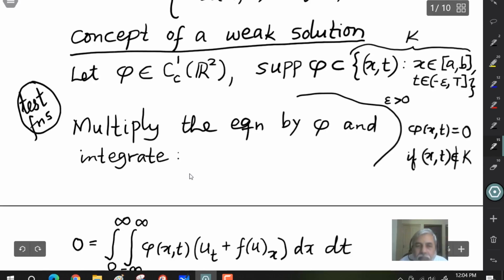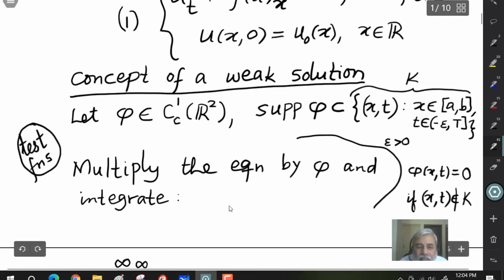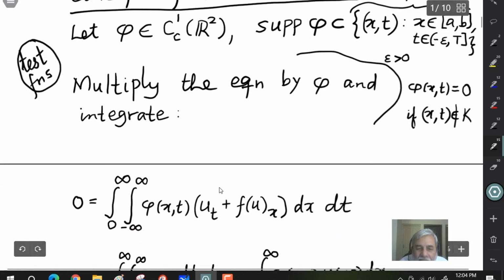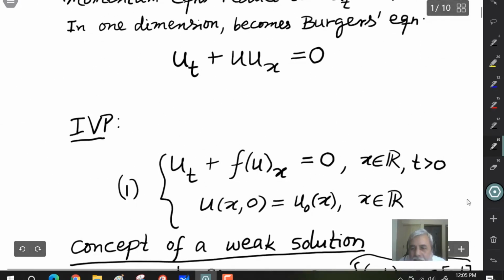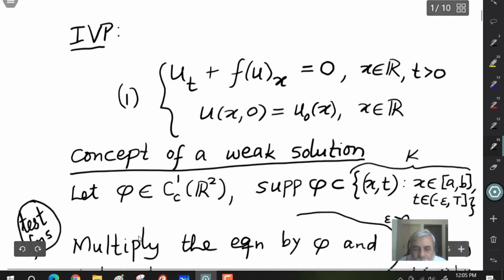So multiply the equation by this phi and integrate. Since this is 0, I start with left hand side 0, where you are integrating with respect to t from 0 to infinity. Remember, we are interested only in t from 0 to infinity.